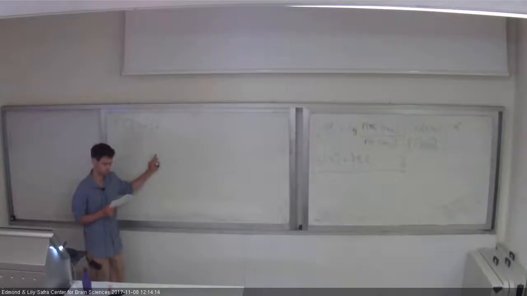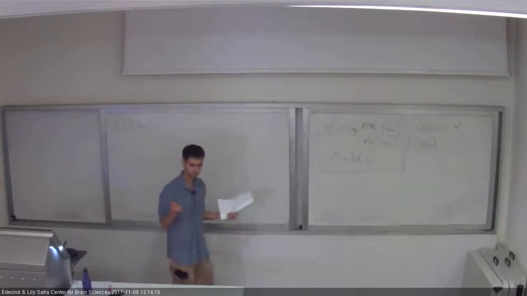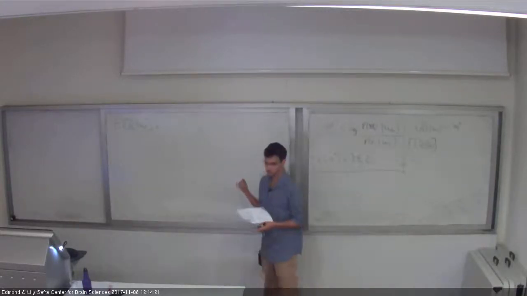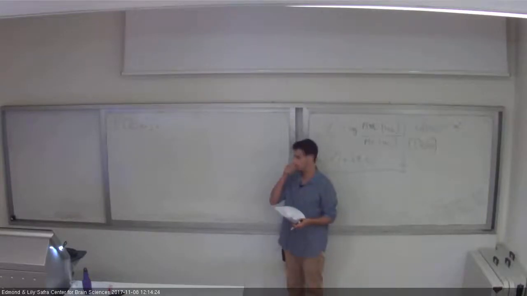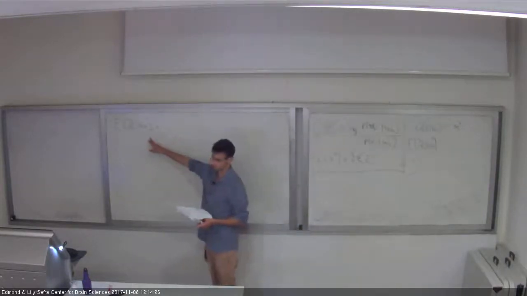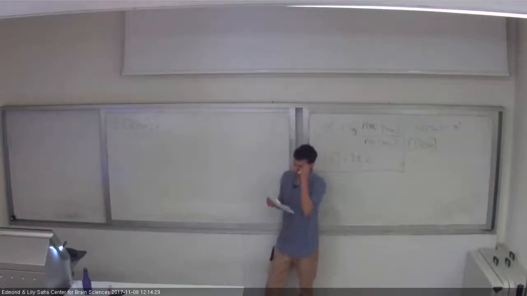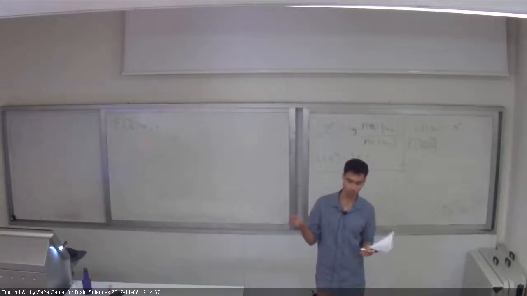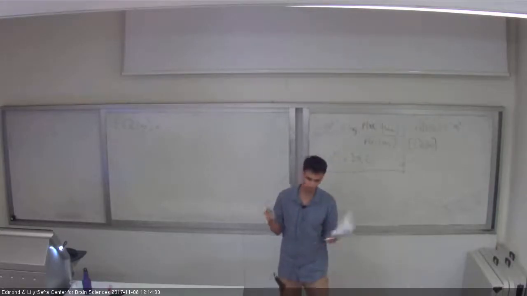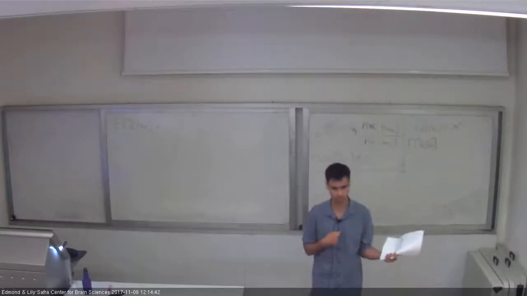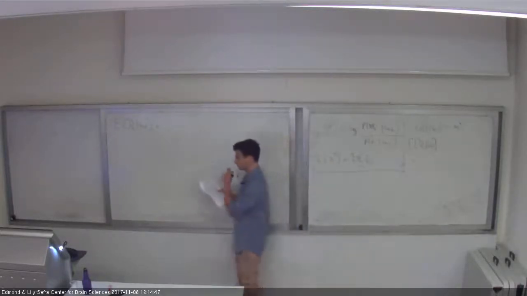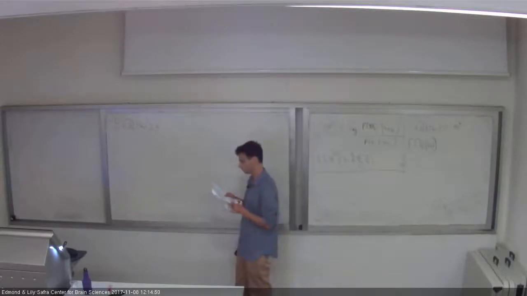It's z given omega, so we need to separate the two cases: when the real world state is omega 1, or when the real world state is omega 0. So when the real world state is omega 0, what will we get?